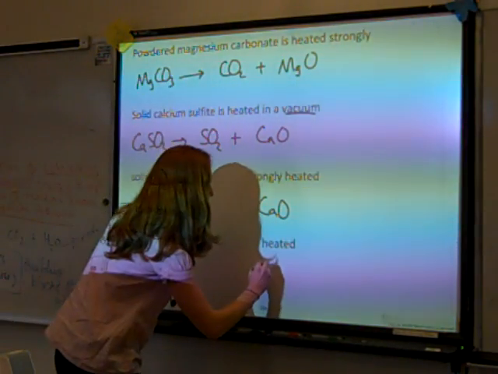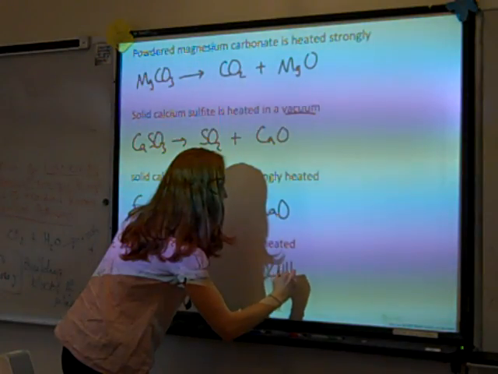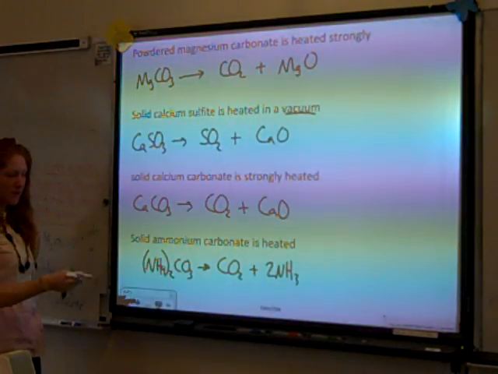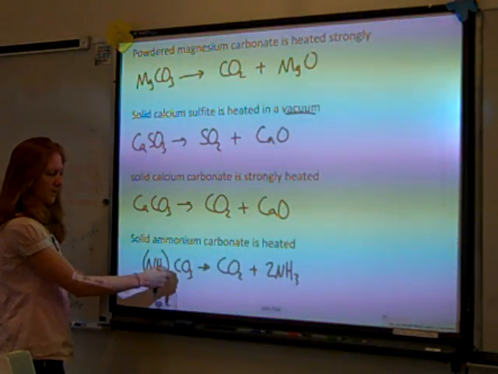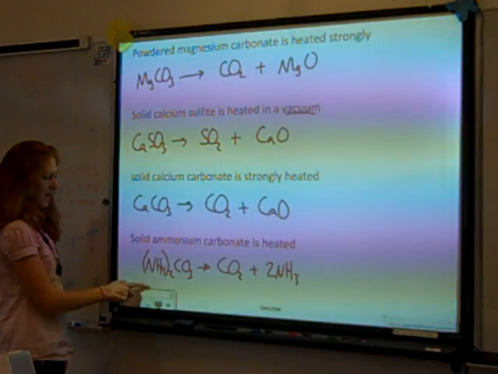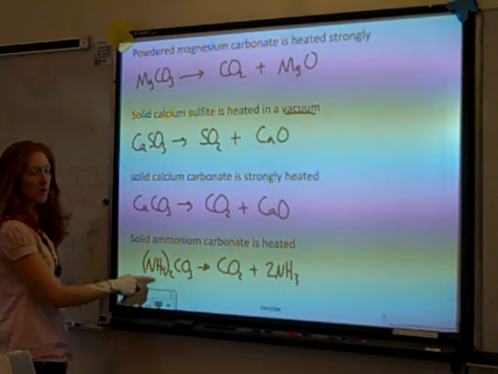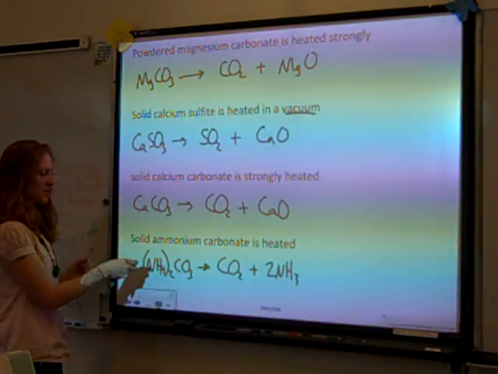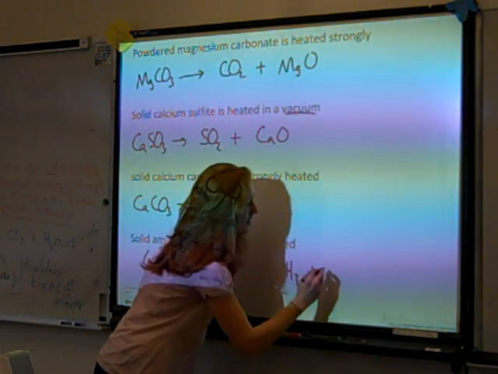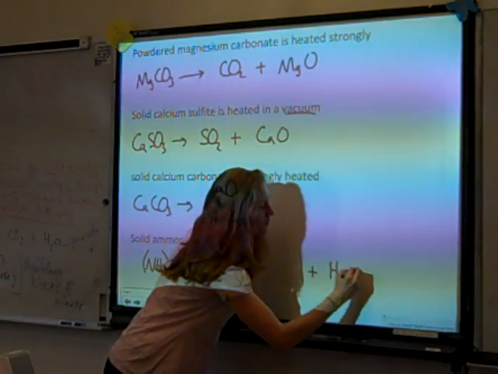So there's going to be 2 ammonias, 2 NH3, because I'm heating those. Then you can see what you're left over with. When I took the carbon dioxide out of the CO3, I'm leaving 1 oxygen behind. And for each ammonium that I turned into ammonia, I left a hydrogen behind. So actually an O2- and 2 H+.